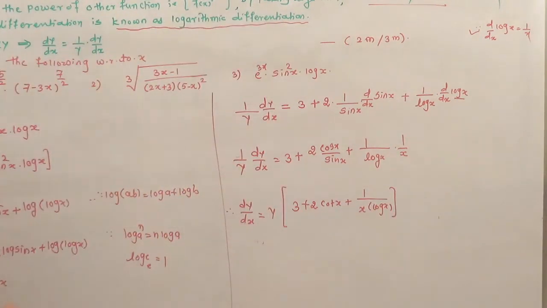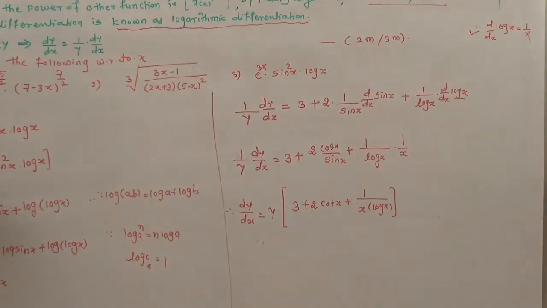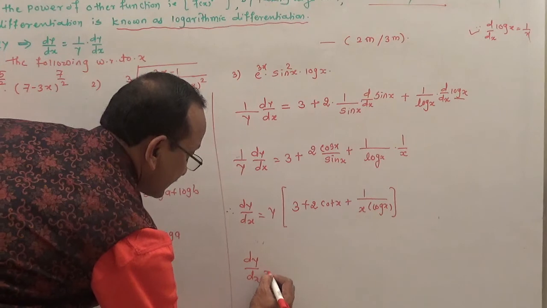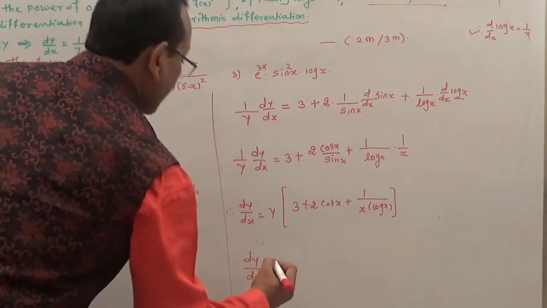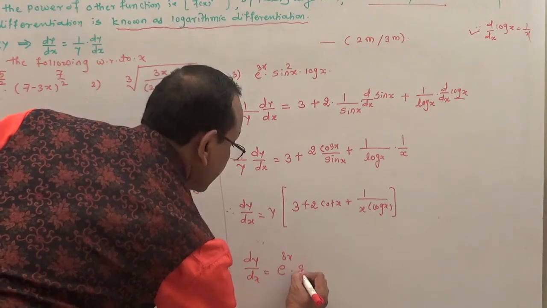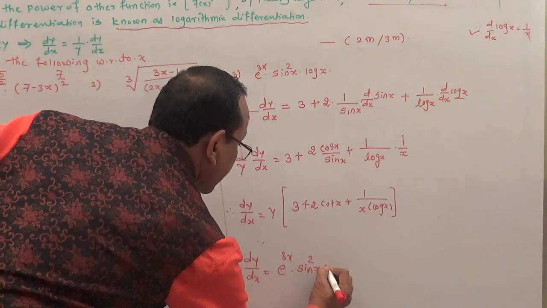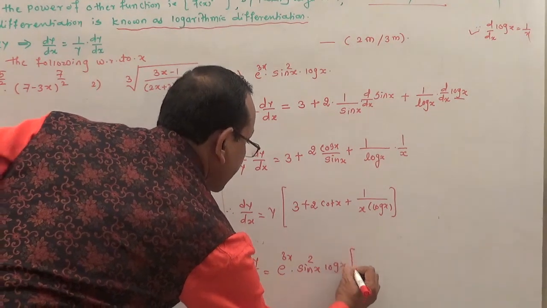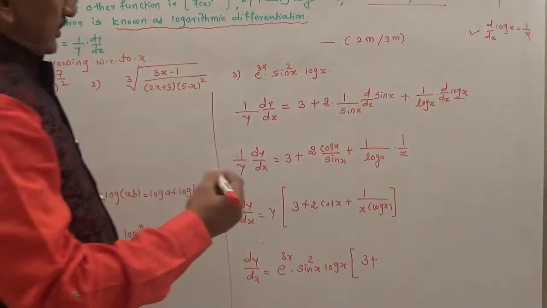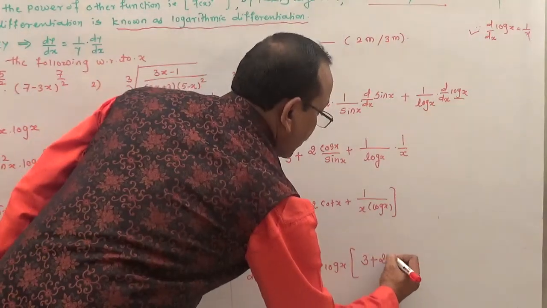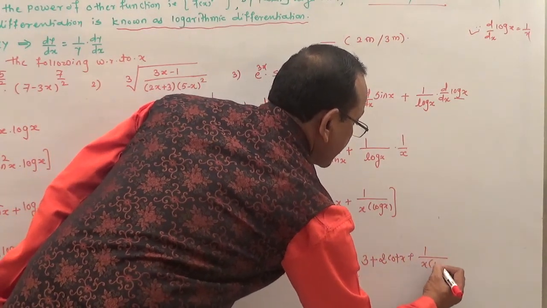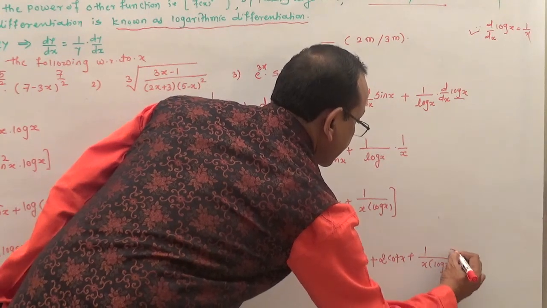Now substitute the value of y. Y is this function. So dy by dx is e raised to power 3x sin square x log x into bracket 3 plus 2 times cot x plus 1 upon x times log of x.